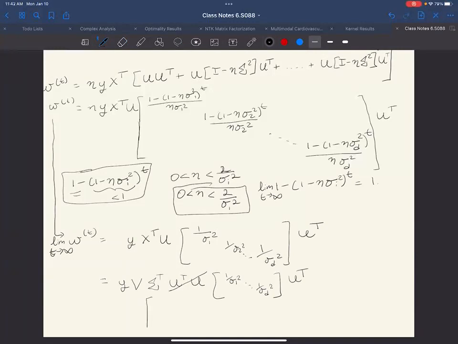Well, remember, it looks like a matrix with sigma 1 to sigma d, and then a bunch of zeros, and this is going to be an n by d matrix. Now, if I just simplify this, what I end up getting is Y, V. Now this Sigma transpose times this matrix here, you can just see it leaves 1 over sigma 1, 1 over sigma 2, up to 1 over sigma d along the diagonal. So it's going to be another n by d matrix, which just looks like this.